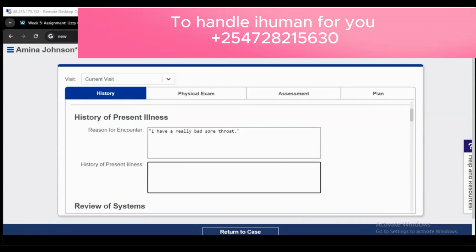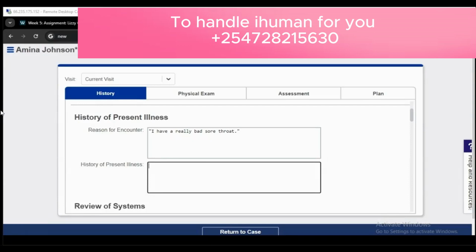For example, the first activity in EHR is the patient's reason for encounter. In this case, I simply quoted what the patient gave us as an answer, which is, I have a really bad sore throat. So this is this patient's reason for encounter.